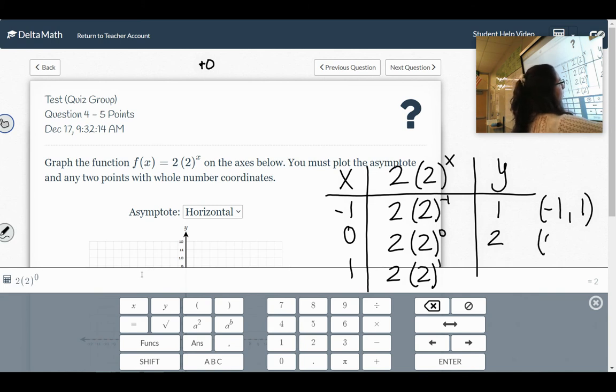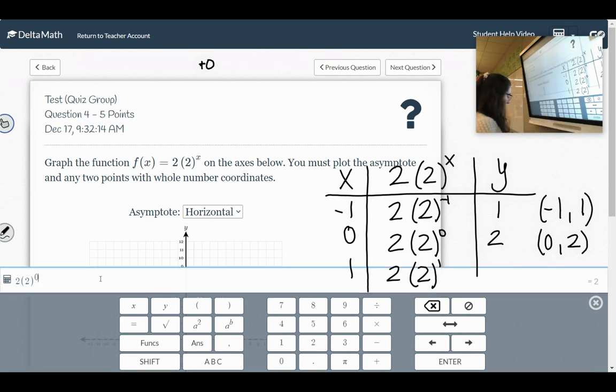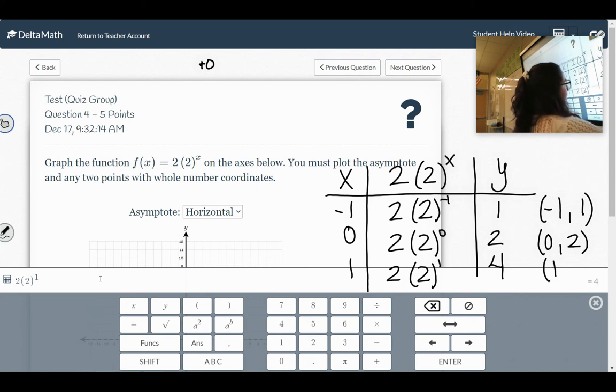That tells me my coordinate point is 0, 2. The last one is what happens when I have an exponent of positive 1. When my exponent is positive 1, I see that I get 4 out for my answer. So my coordinate point here is 1, 4.